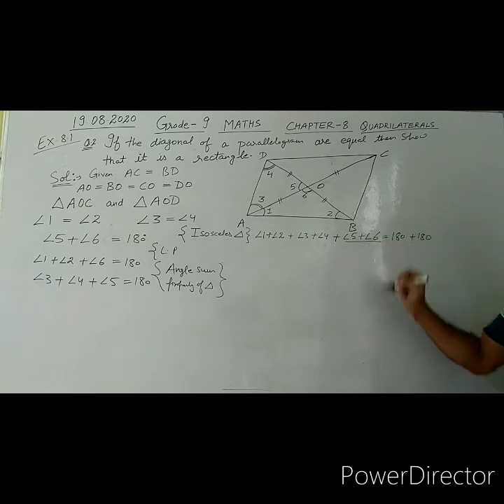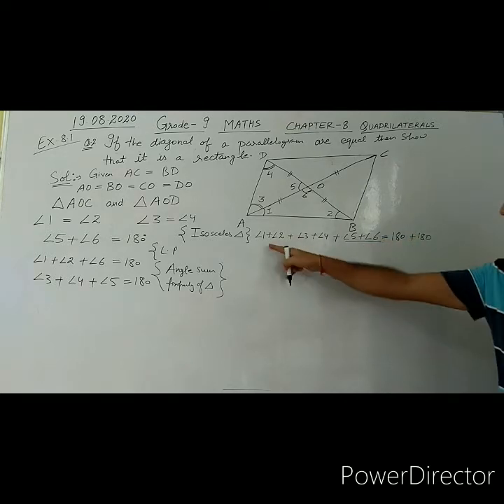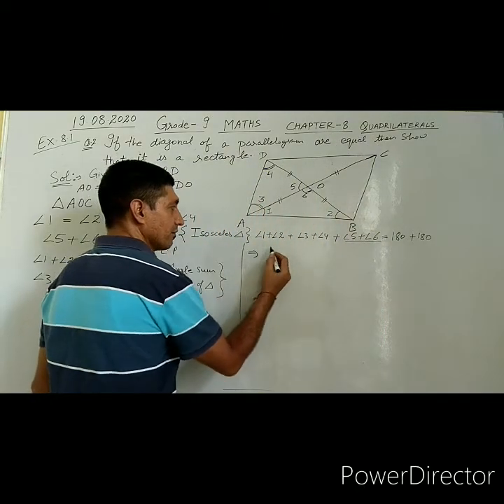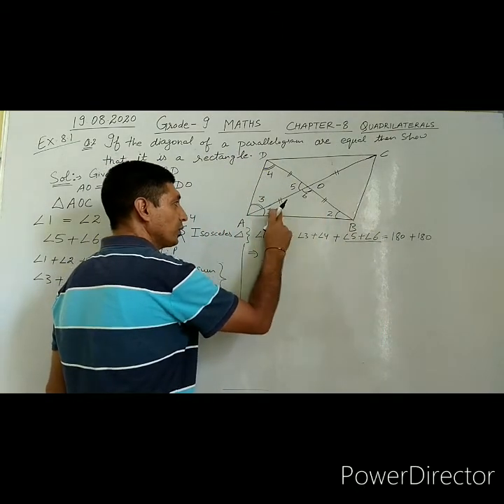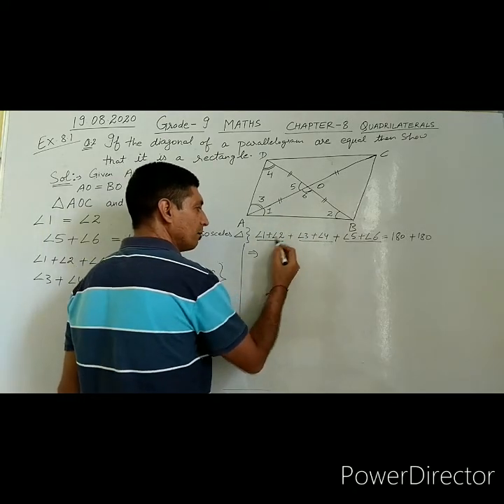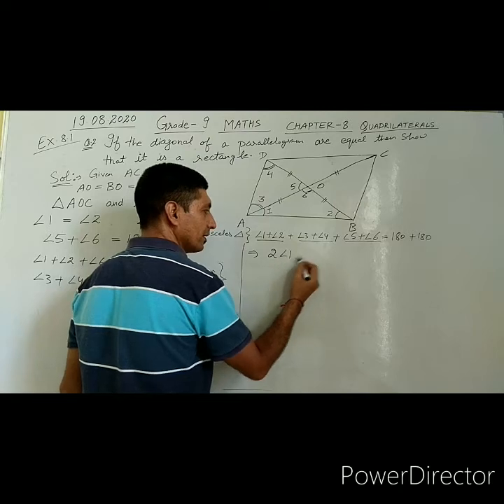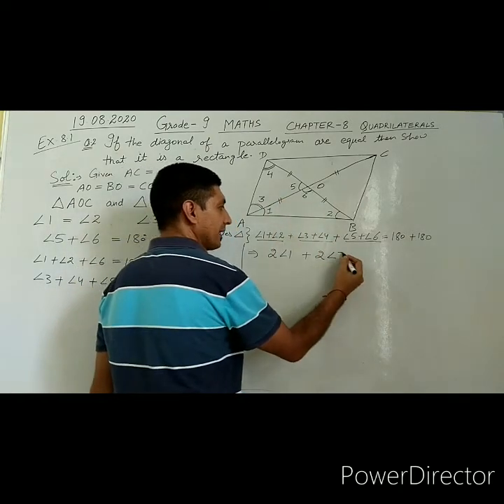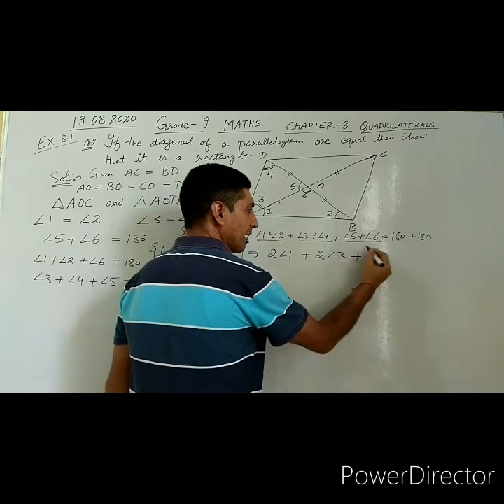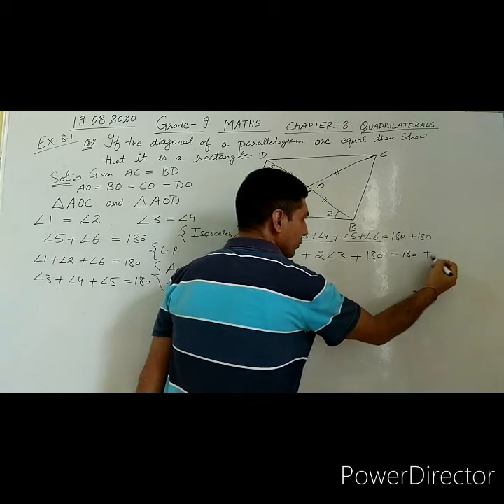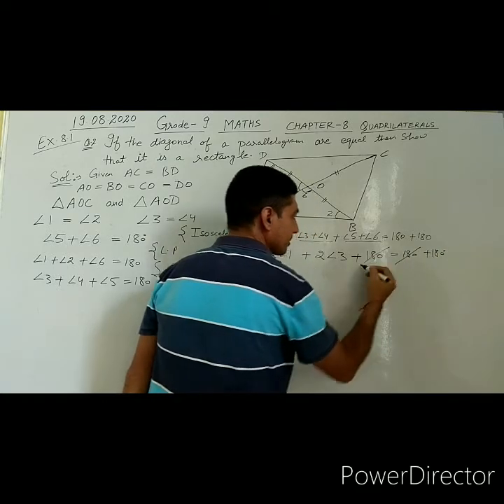So 180 and 180 get cancelled. And in this step we have 1 and 2, these two angles are the same. So 1 plus 2 we can write as twice angle 1, and here twice angle 3 (3 and 4 being equal). We take 3 plus 5 plus 6 that is 180, so 180 and 180 get cancelled. We are left with 180 degrees.